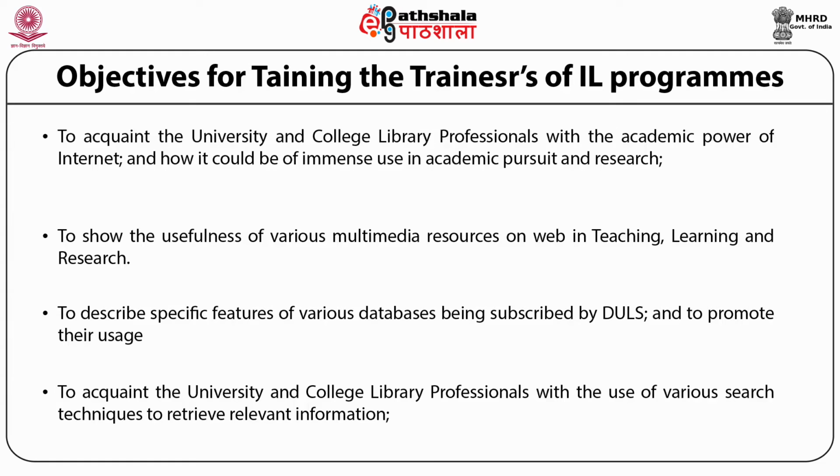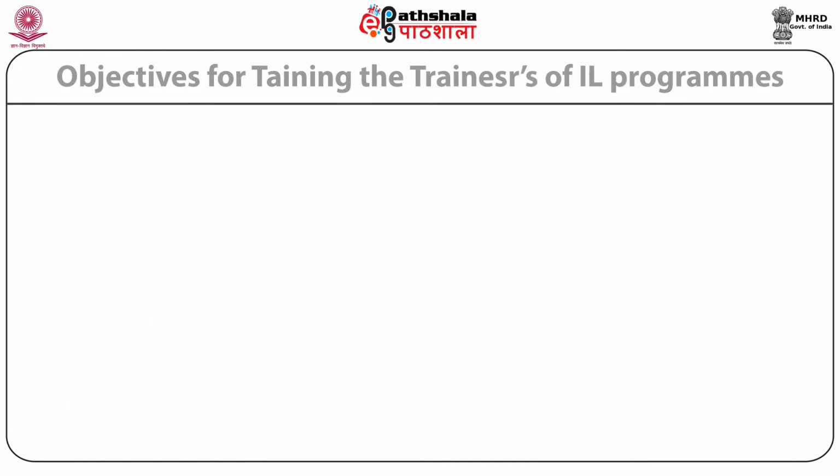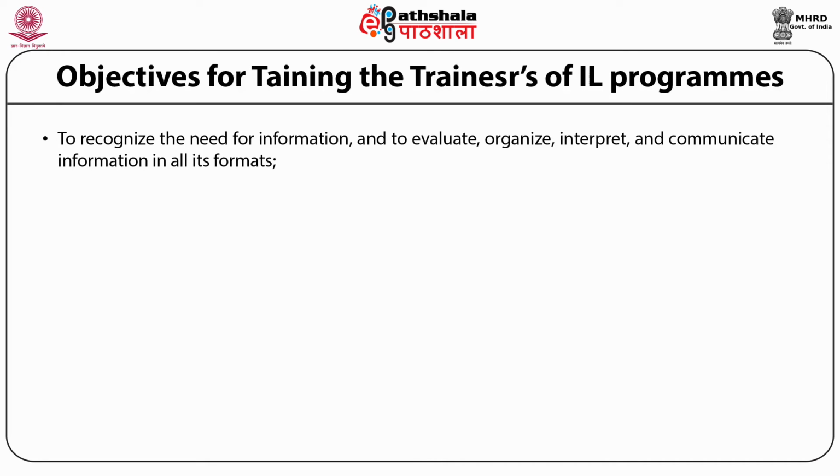And providing the information and having the training and the skills in this area of knowledge will ultimately enhance their capabilities to handle the users' information needs, which are nowadays very varied and response based. To recognize the need for information and to evaluate, organize, interpret and communicate information in all its formats.